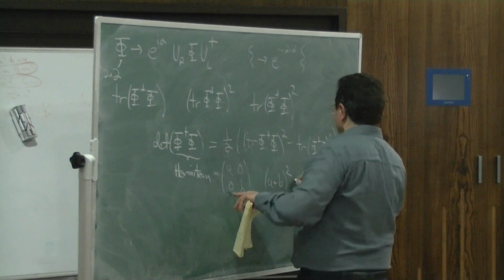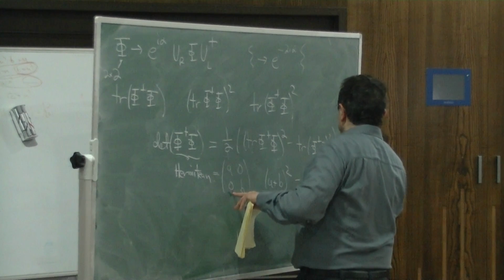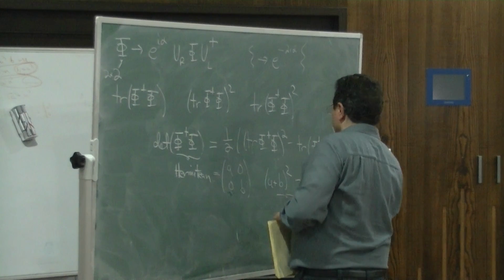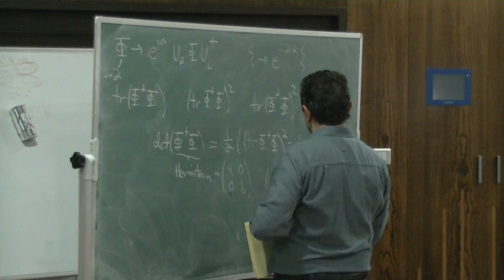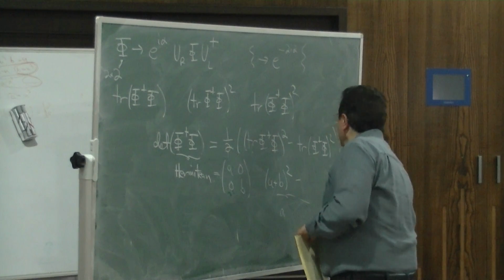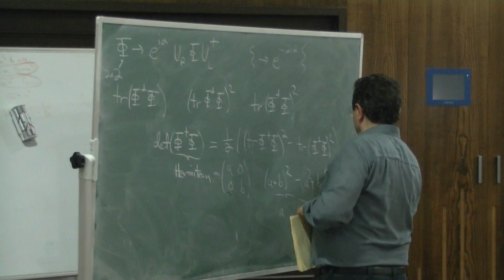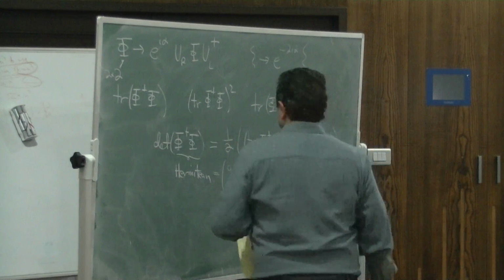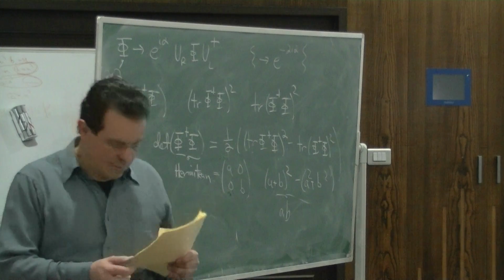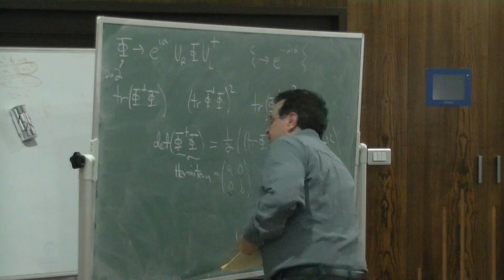This thing is A squared plus B squared. And this whole thing is A times B, which is exactly equal to the determinant of this matrix. So we don't have to worry about this term.